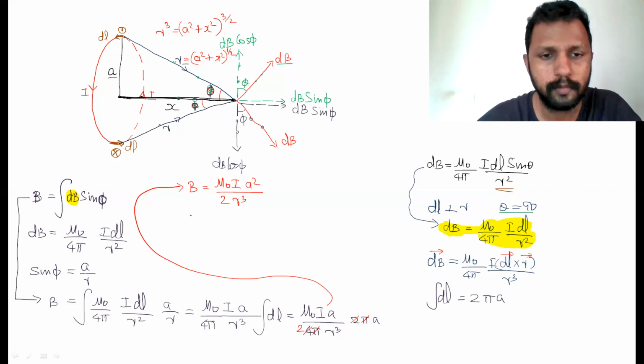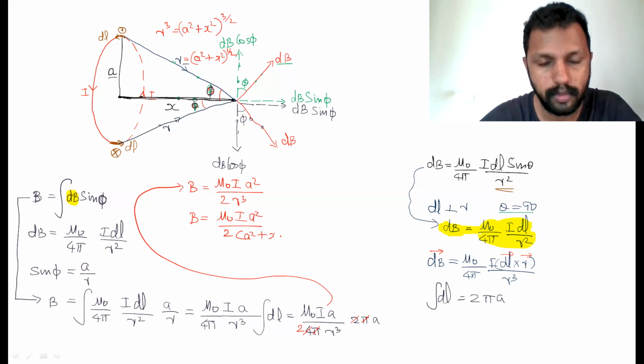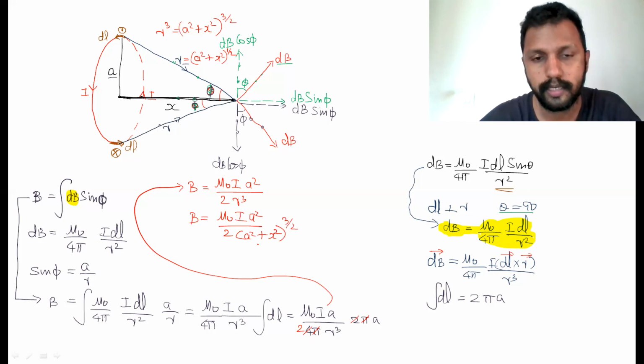Therefore, we could say the B value can be rewritten as mu 0 I a square divided by 2 into a square plus x square whole raised to 3 by 2.